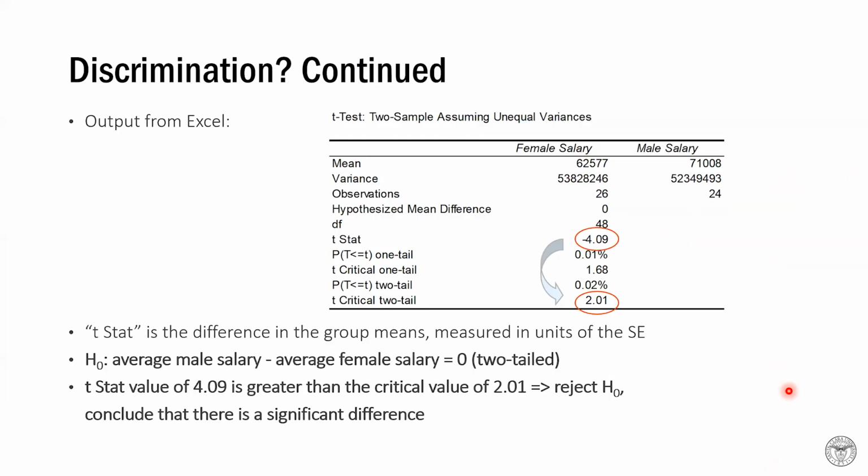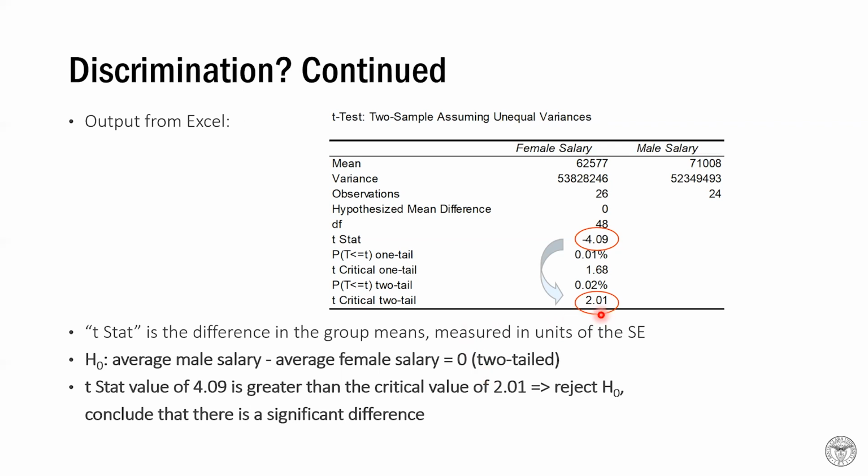To examine whether there exists salary discrimination, we have the null hypothesis H sub 0: average male salary minus average female salary is equal to 0, which is a two-tailed test. From the Excel result, we find that the t-critical value of the two-tailed test is 2.01.